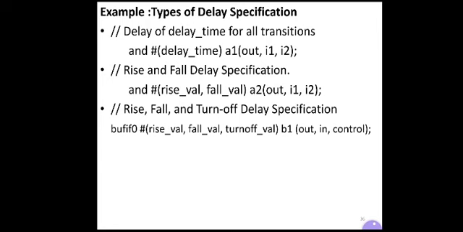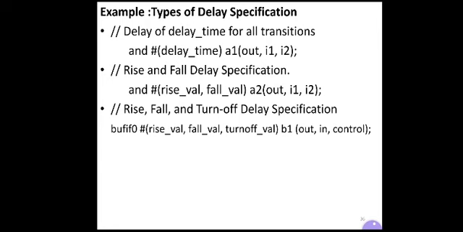Hash followed by whatever the number is, that is nothing but your delay. Delay is specified using the symbol hash. A1 is the instance, out, comma, I1, comma, I2. This is instantiation, just an example. See here, only one delay time is specified, so that delay time itself will be the rise delay, fall delay as well as turn off delay.